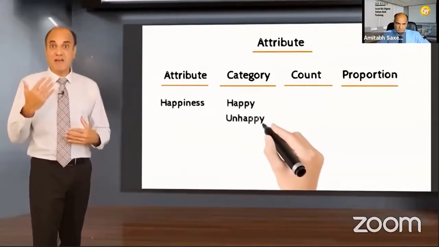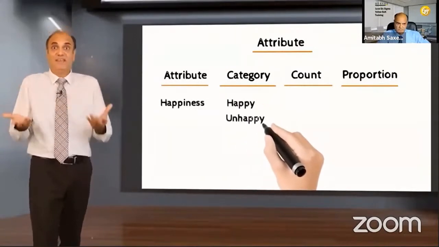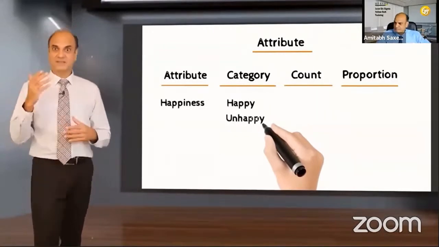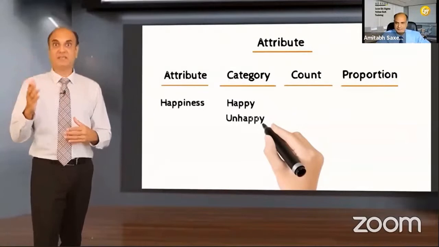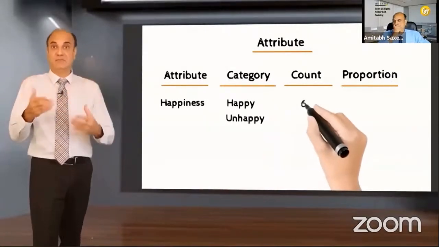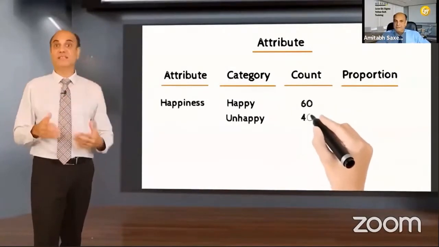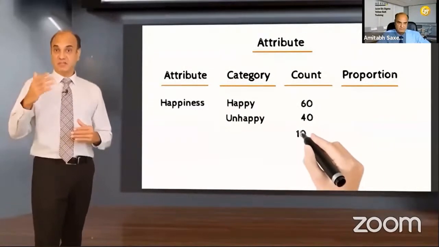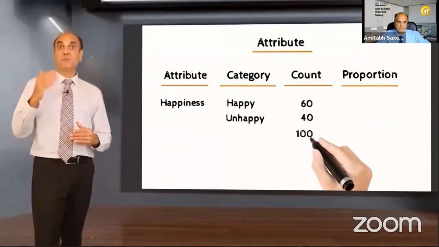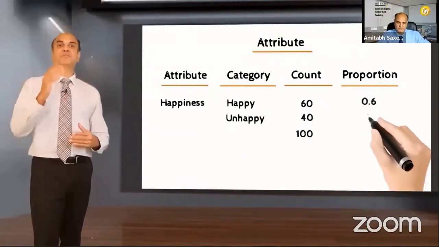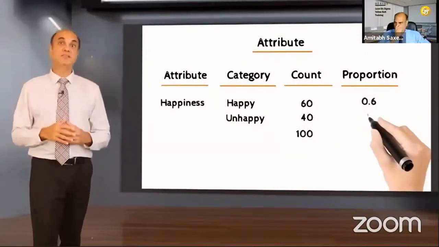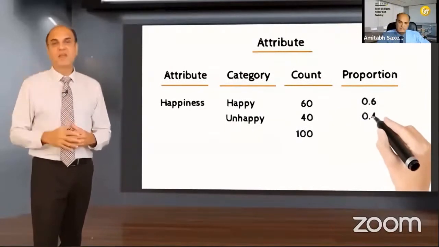So if I want to increase the happiness of the employees in the organization, then I can always count how many employees are happy. Let's say 60 employees are happy and 40 employees are unhappy. I can express this as a proportion. That means the proportion of happy employees in my organization is 0.6 and the proportion of unhappy employees is 0.4.